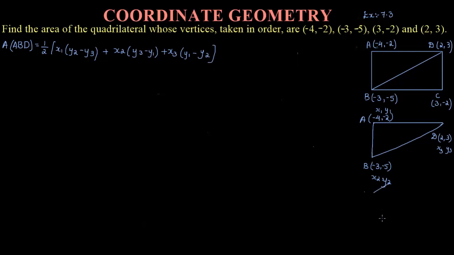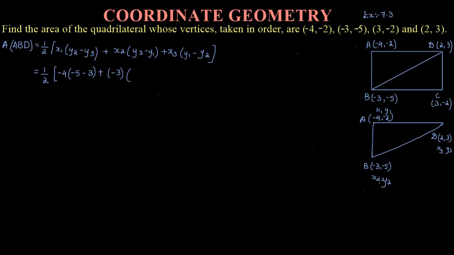So if I am talking about this triangle A, B and D, let us just substitute all of these values here. What is x1 you have? You have -4, right? Then y2 value is -5, minus y3, you can observe it is only 3, so let me just write that. Plus x2 is here, that is -3. I have written that in bracket because it was negative. Two signs cannot be together without the bracket, otherwise you will have confusion.